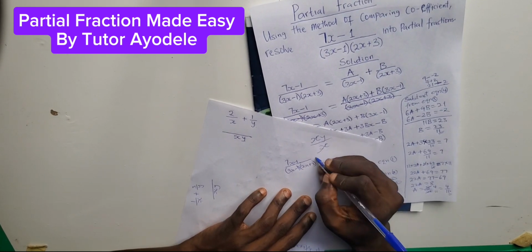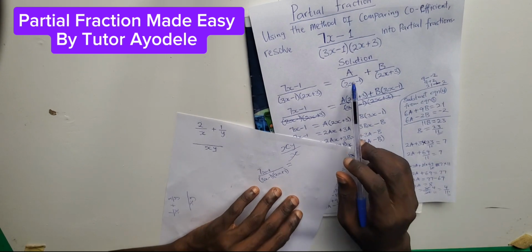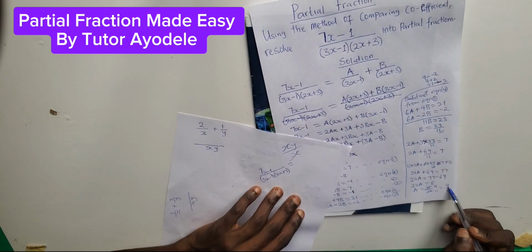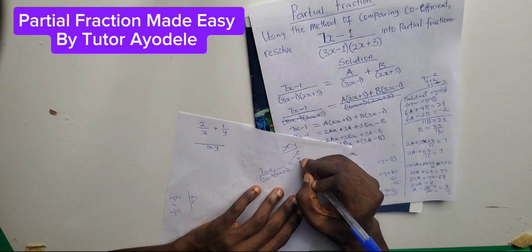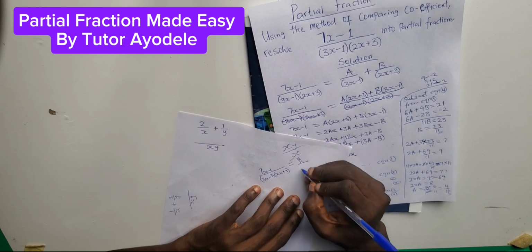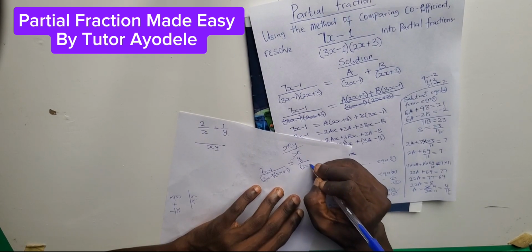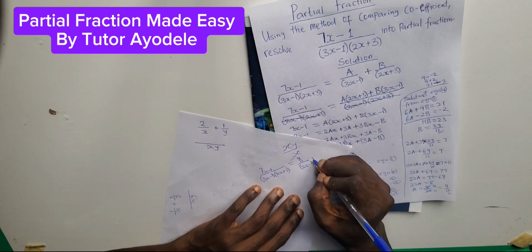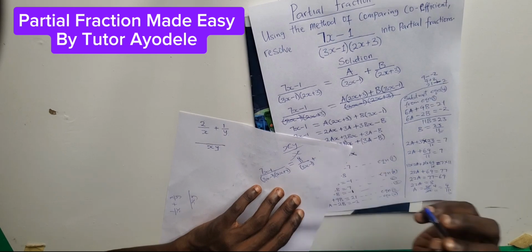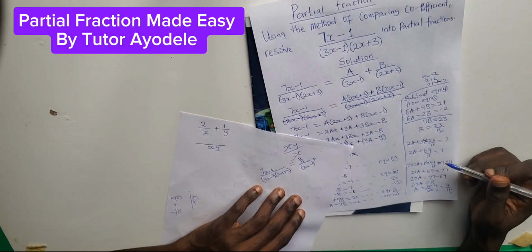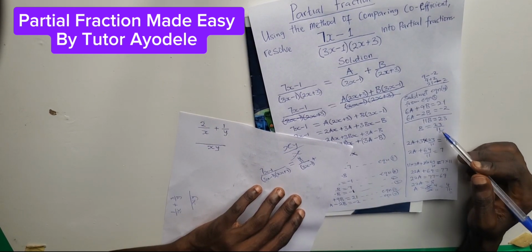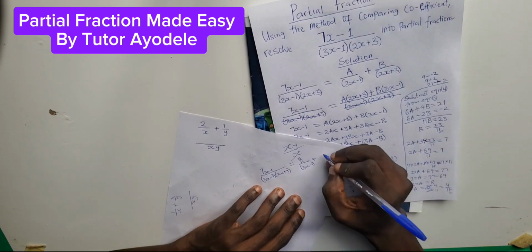This is what I will have at the left. While at the right, I will replace a with 4 over 11, that is 4 over 11 over 3x minus 1, plus b. What is b? b equals 23 over 11, so I will replace it with 23 over 11.